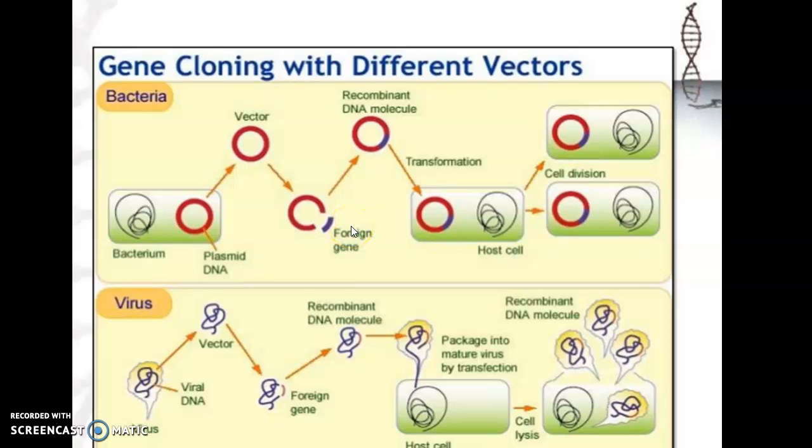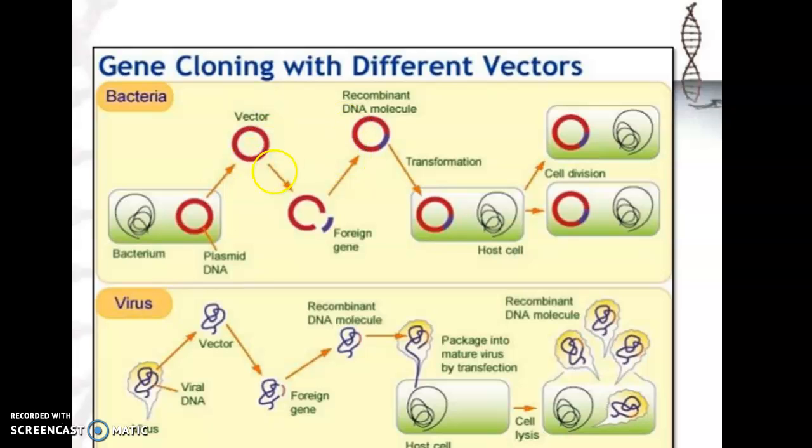These are the two important naturally occurring and very popular vectors. First one is plasmid and second one is the bacteriophage. Plasmids are naturally found in bacteria. We isolate them. We cut that plasmid with the help of a restriction enzyme, and the same restriction enzyme is used to isolate the desired gene from the host genome.